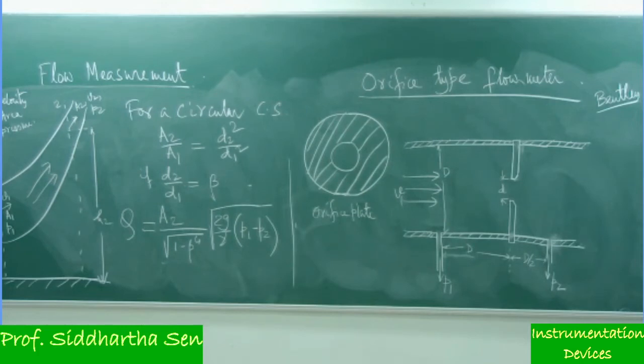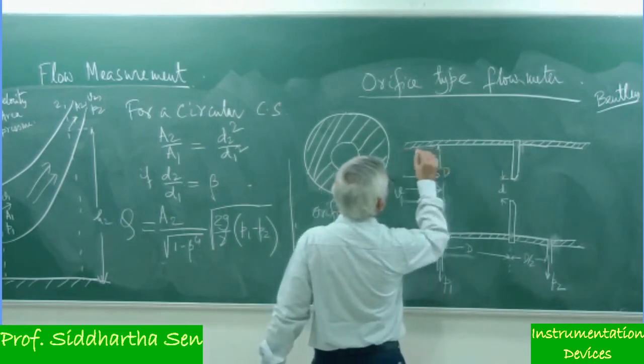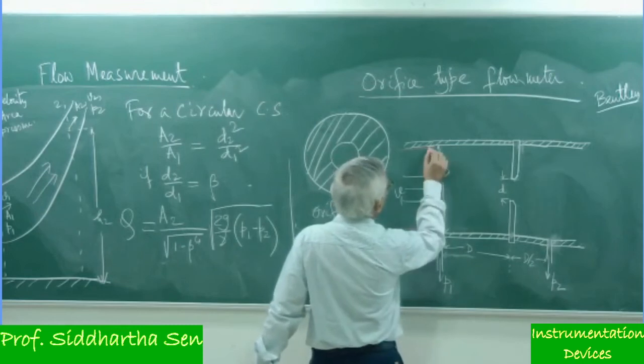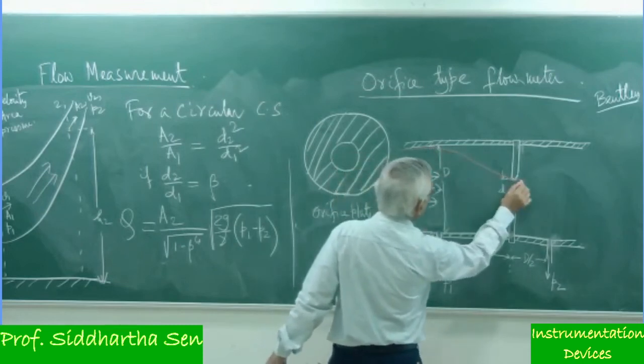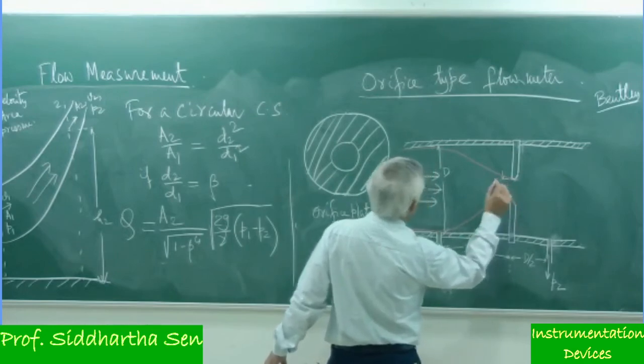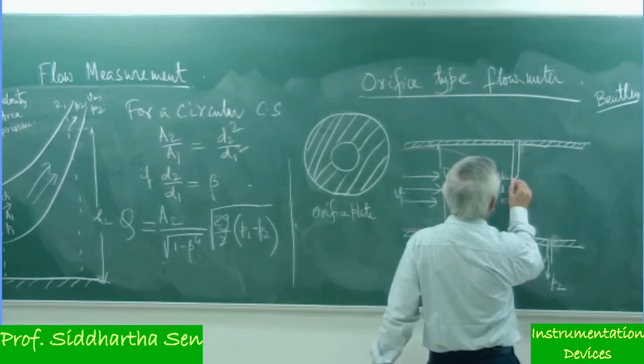Now, if we look into the flow pattern, we will see that the flow was flowing in the pipeline, and after that it will contract, go like this, and then at the orifice the flow area will be small d.